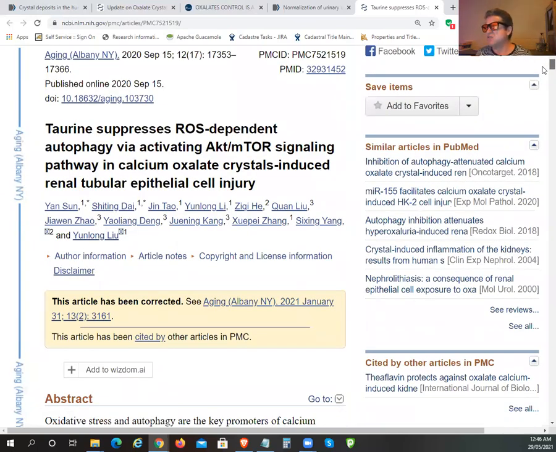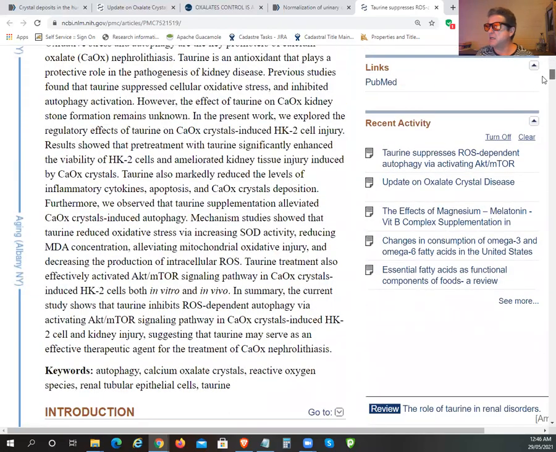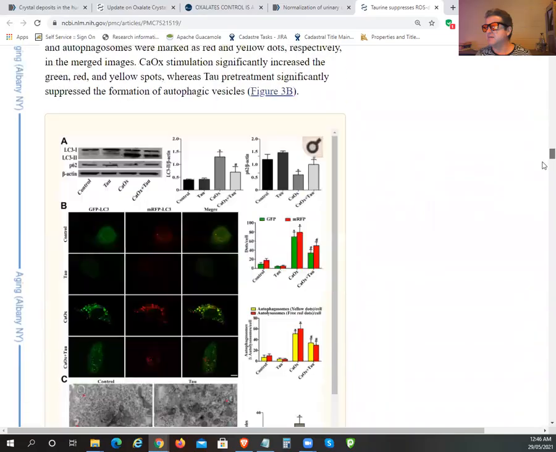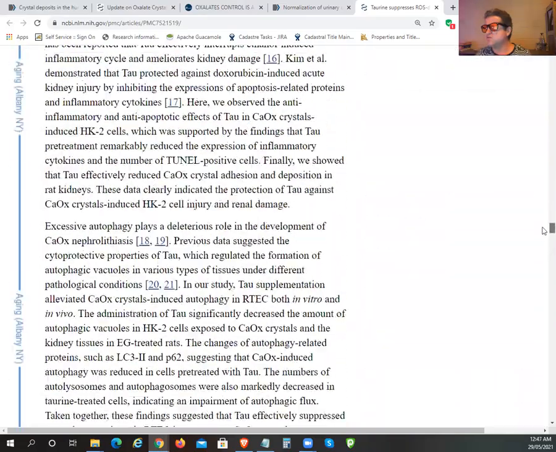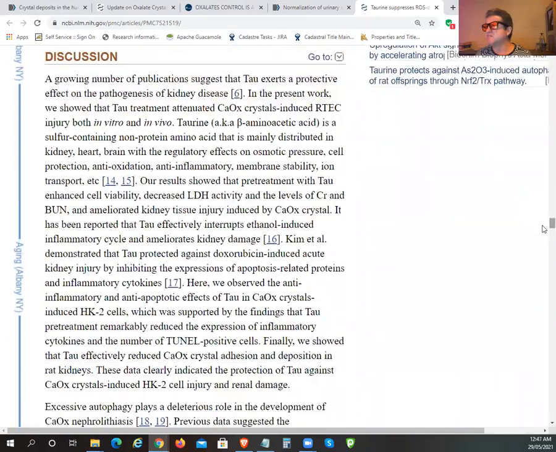Taurine suppresses reactive oxygen species dependent autophagy via activation of mTOR signaling pathway in calcium oxalate crystals induced renal tubular epithelial cell injury. We're talking about the kidneys again. Okay, so let's just go down here.